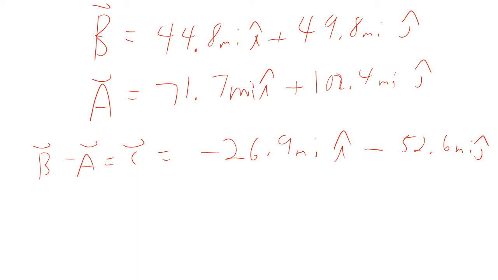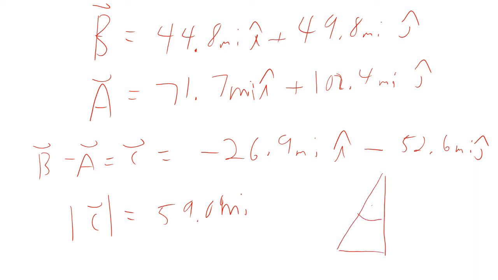Using the Pythagorean theorem, the magnitude of C comes out to be 59.0 miles. So it goes down 52.6, goes over here, and so that angle right there is going to be 27 degrees once you use the relationship that the arctangent of 26.9 miles divided by 52.6 miles.